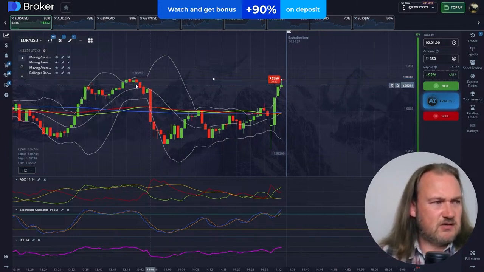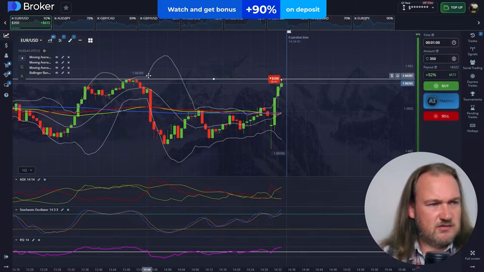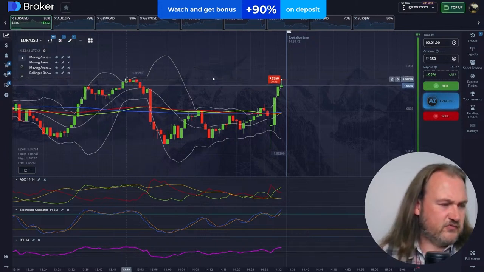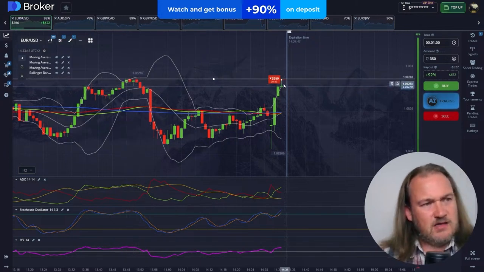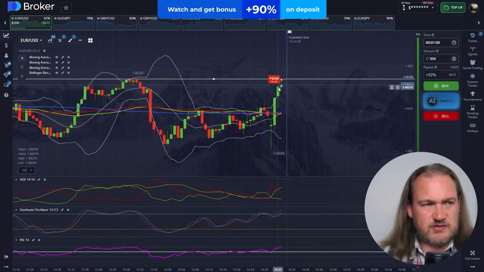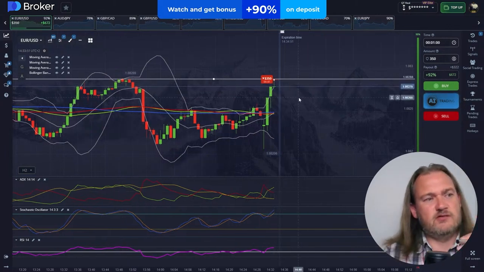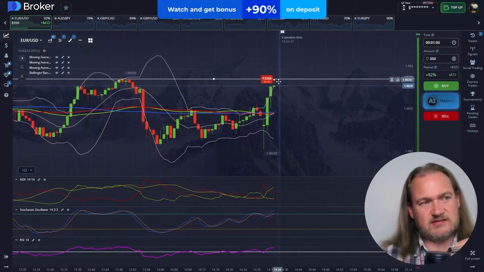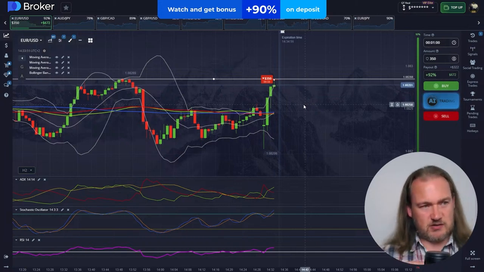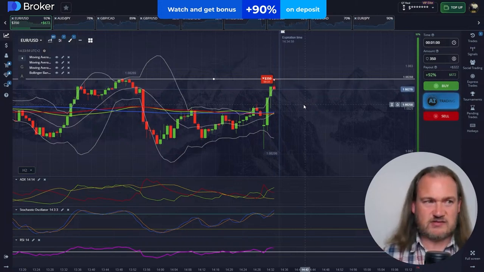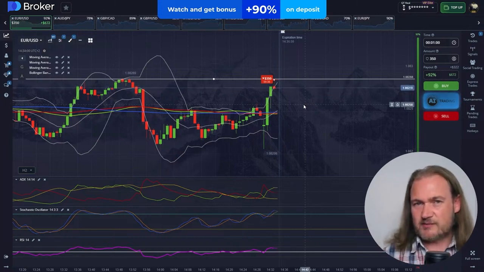Okay, the reason I'm taking this is we have this recent high from almost an hour ago, and price is way outside of the Bollinger Bands. So I'm using it the same as my moving averages, which I use as dynamic support and resistance.